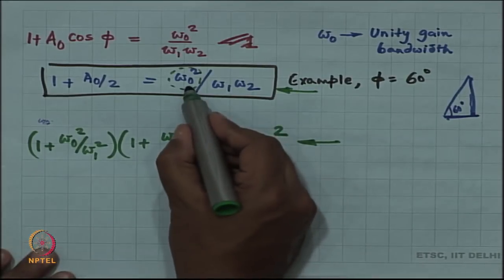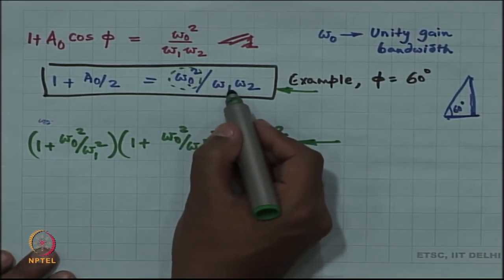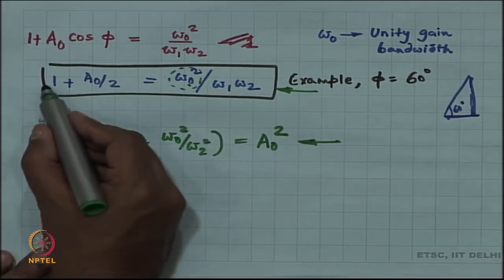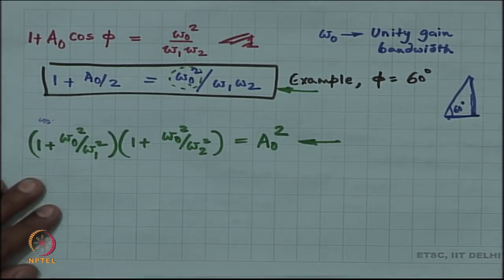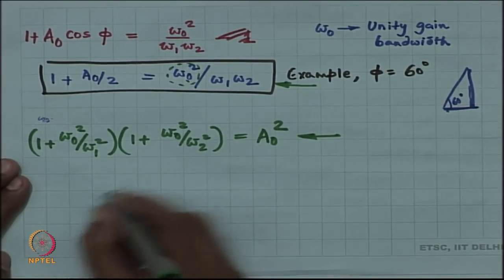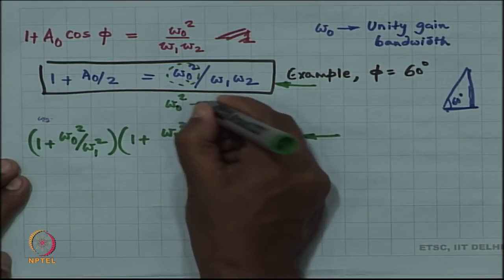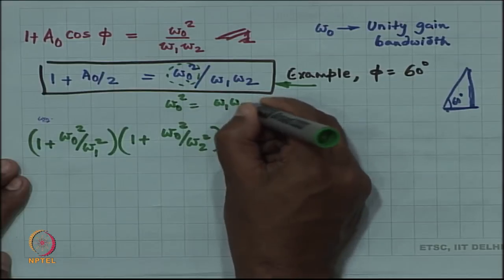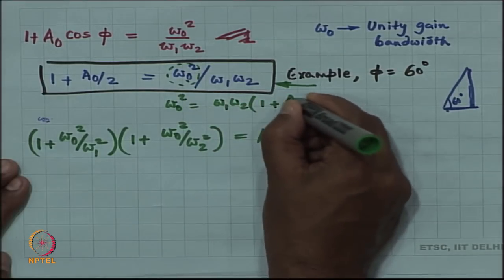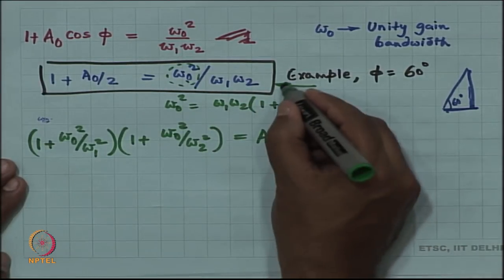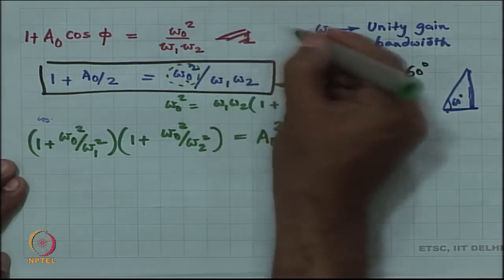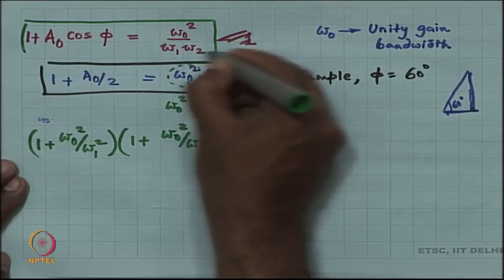So, let us do this, this looks easier. Omega 1 omega 2 times 1 plus a naught by 2 is equal to omega naught squared. I am sorry, not this, this is just an example. This was the actual result.